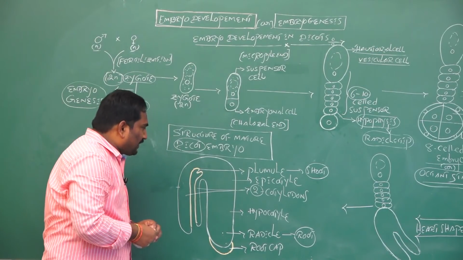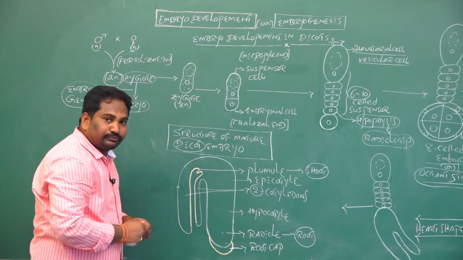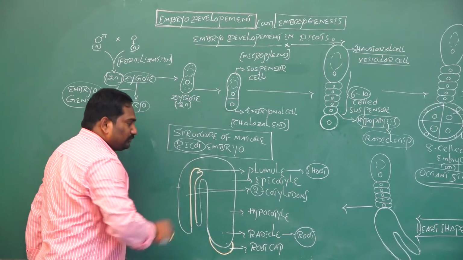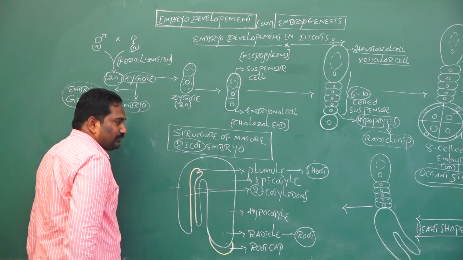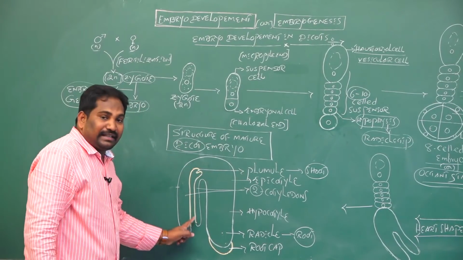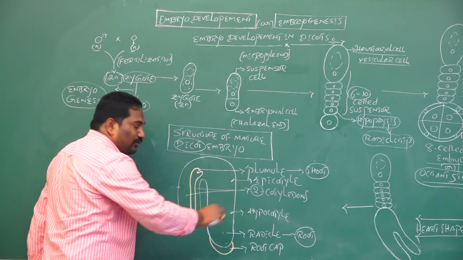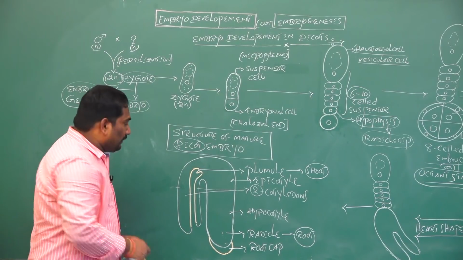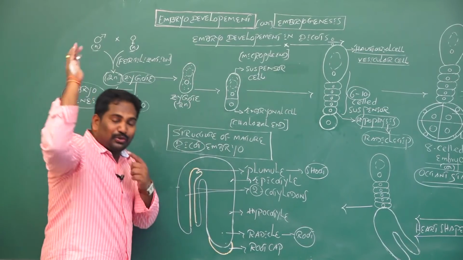So the structure of the dicotyledon embryo has two cotyledons, 1, 2. And the embryonal axis has the plumule, epicotyl and hypocotyl. The plumule can develop into the shoot system, and the radicle can develop into the root system.